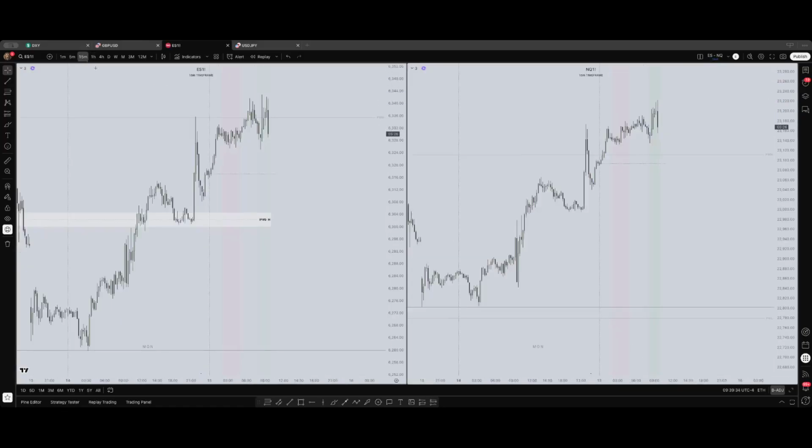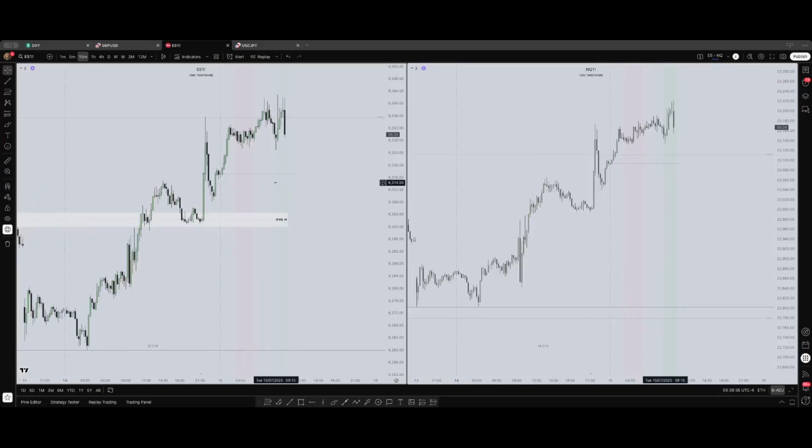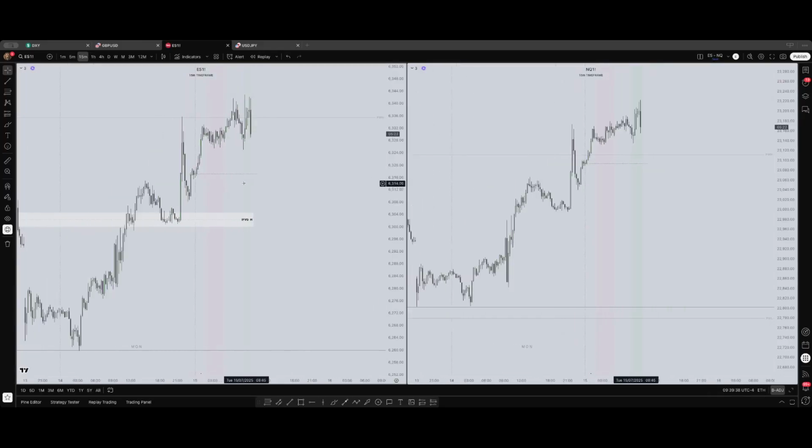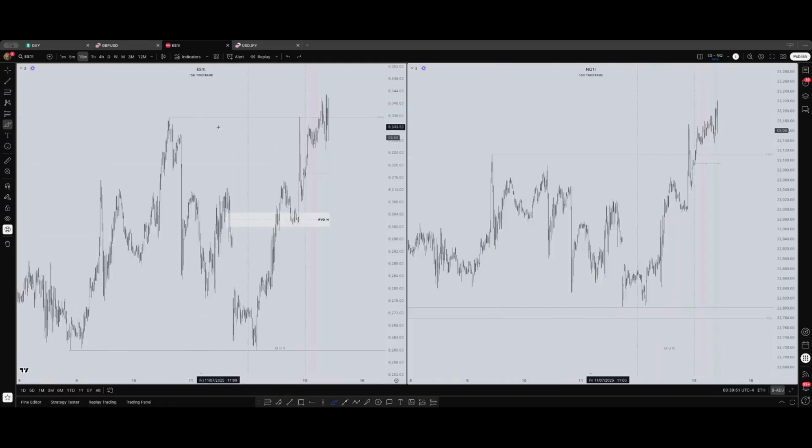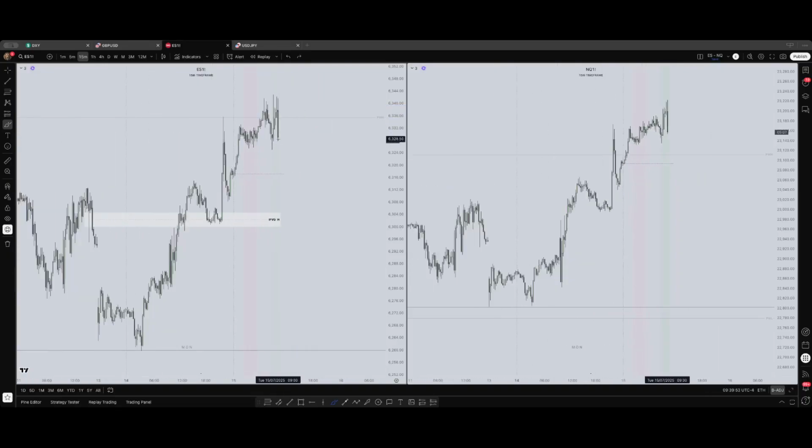Let's go deeper. Very interesting what can happen here. Remember the power of 3 concept? This could be perfectly the manipulation, this movement, just to take the previous week high. So we can see price dropping from here and making a breaker.